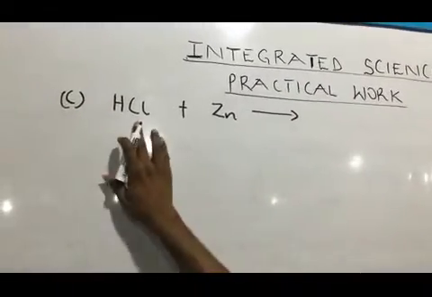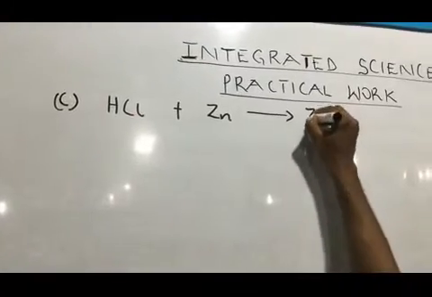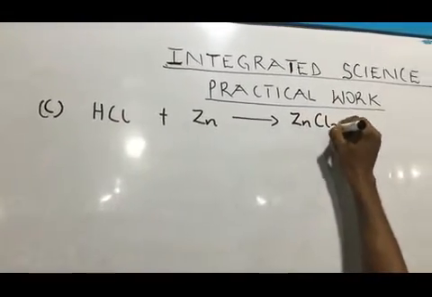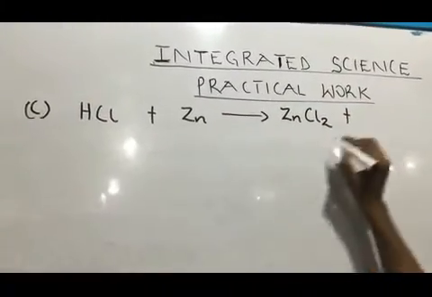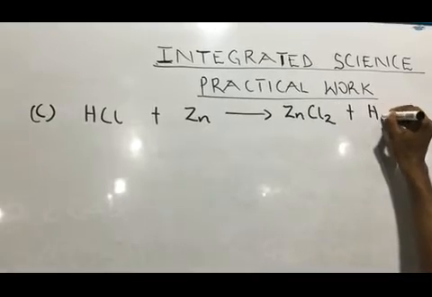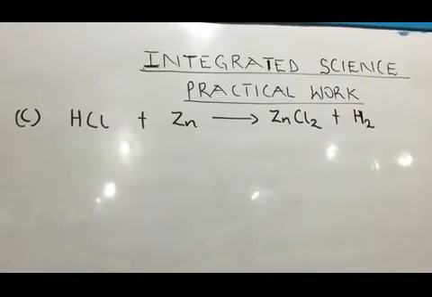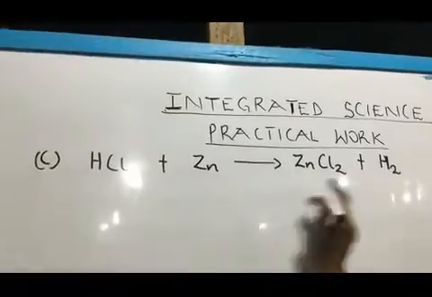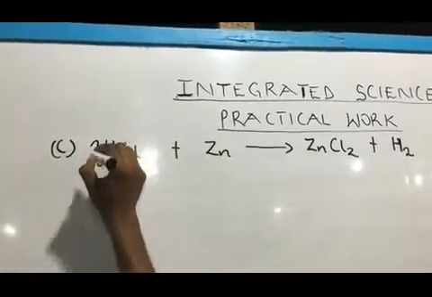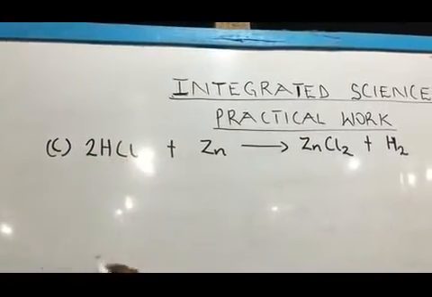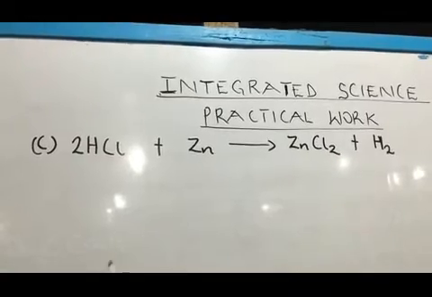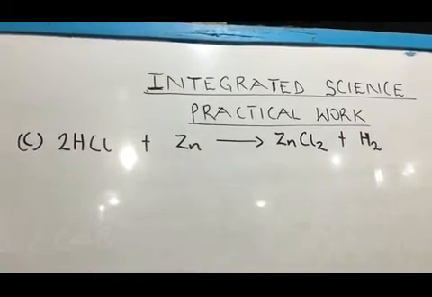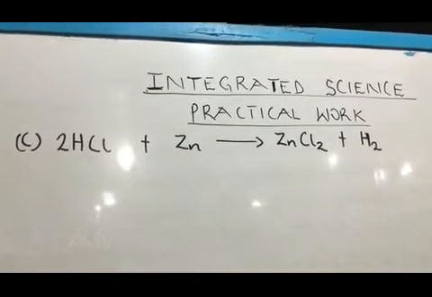The metal reacts or combines with the chlorine, forming zinc chloride, and then the H is released as hydrogen gas. Okay, so this is the equation. To balance this, hydrogen is formed by these two, so you put 2 here. If you do that, chlorine also becomes 2. Chlorine here is also 2. So zinc is 1, zinc is 1. So that gives the balanced equation.